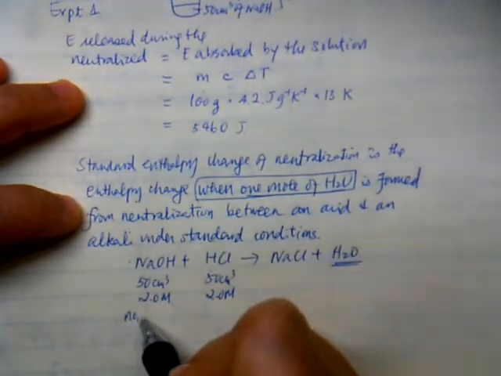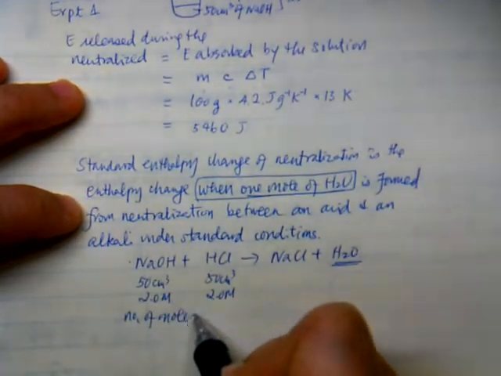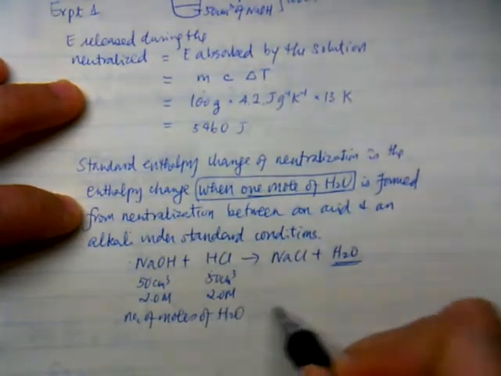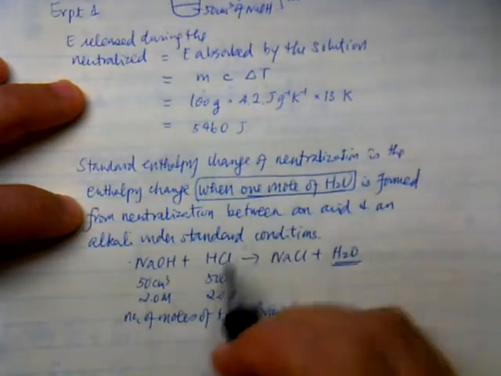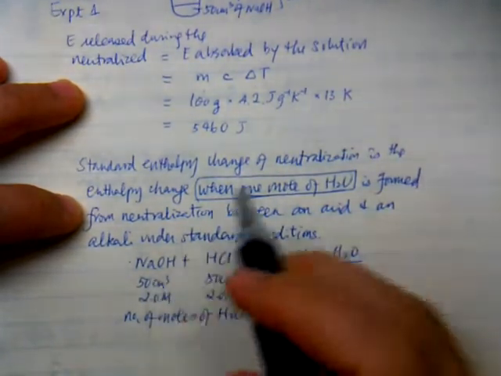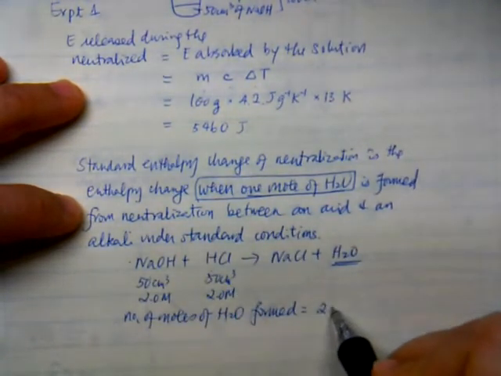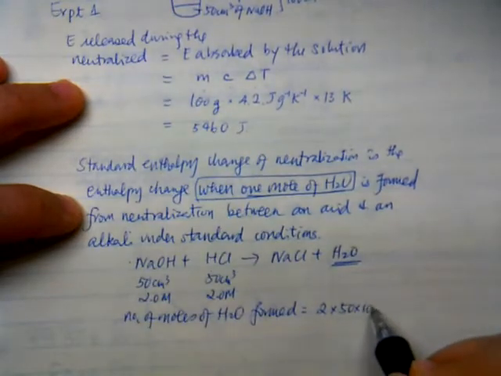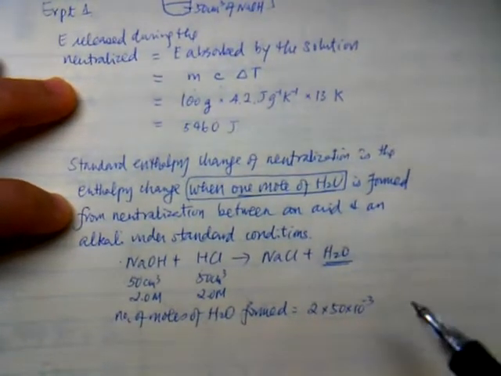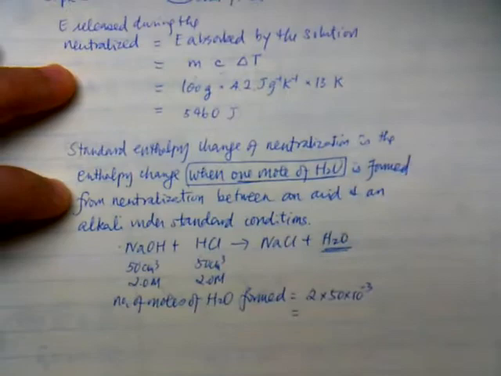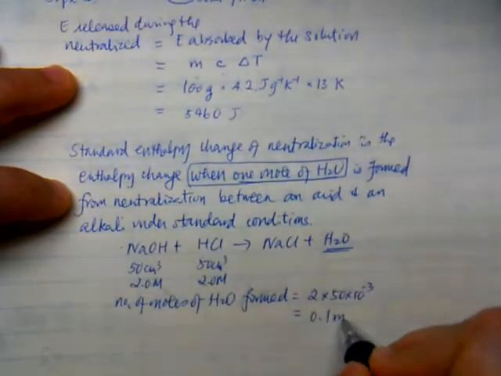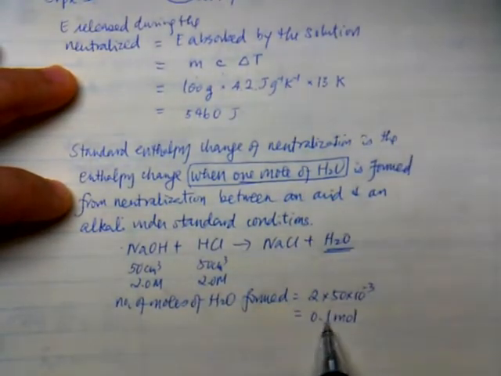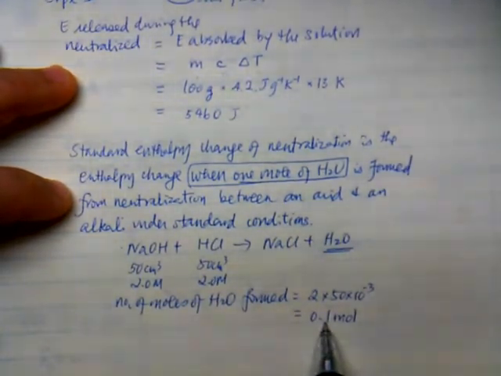So the number of moles of water formed is equal to 2 times 50 times 10 to the power negative 3, which is 0.1 mole.